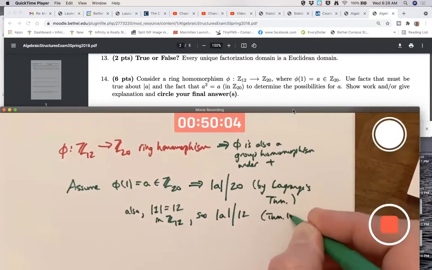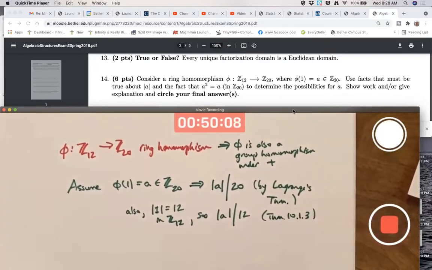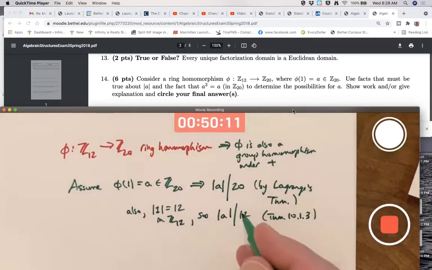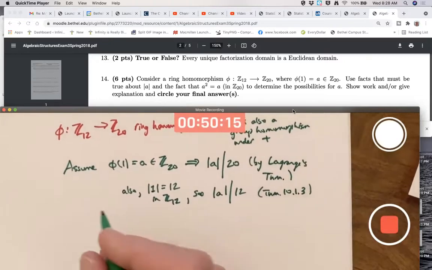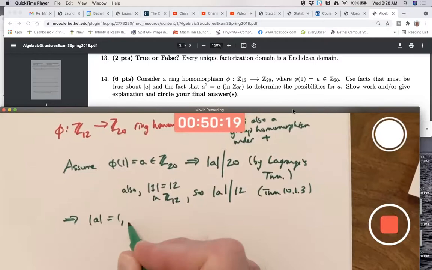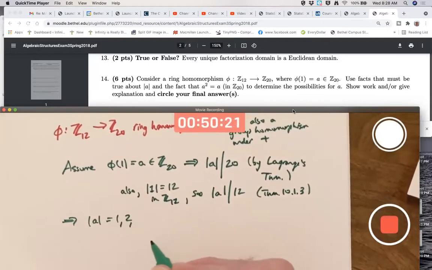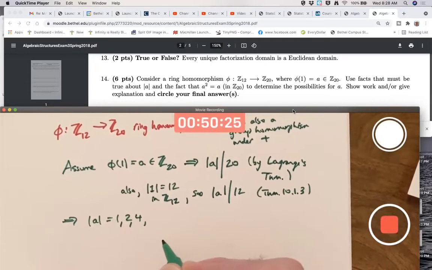Theorem 10.1.3. So the order of A, whatever it is, has to divide both 20 and 12. So that limits what the order of A can be. It could be 1, it could be 2, it could be 4. Is that it? That looks like that's all the possibilities.